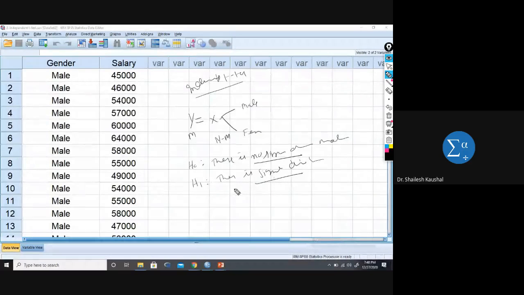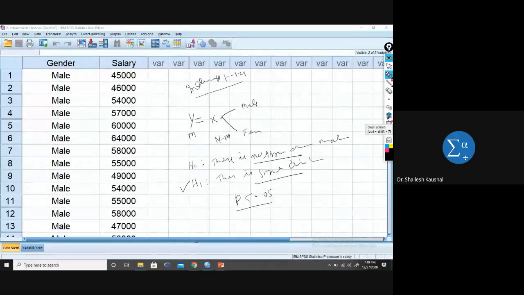Who will decide whether the difference is significant or not? This p value. If p value is less than 0.05, then we will say there is a significant difference between male and female salary in the private sector. Okay, so how to perform it?